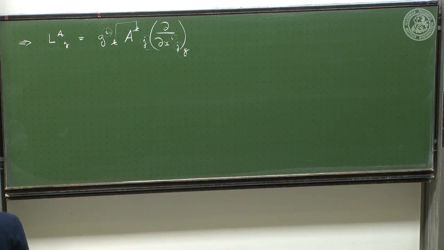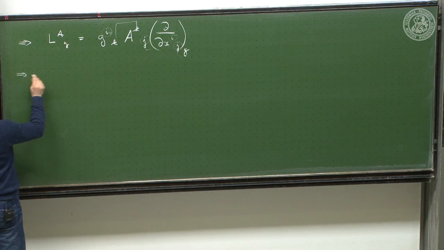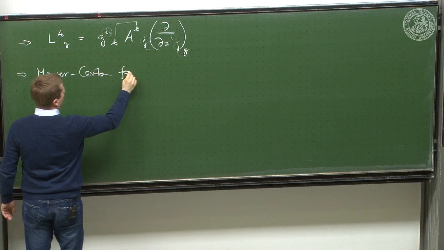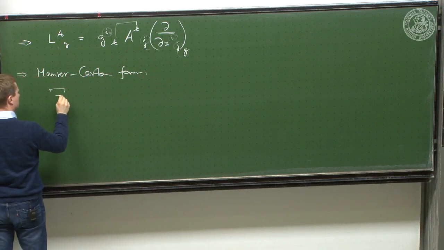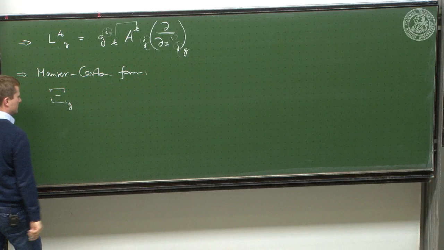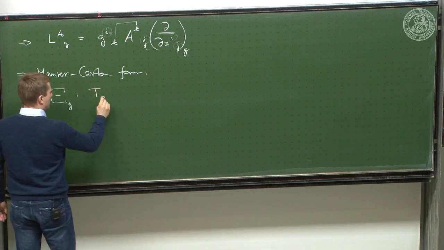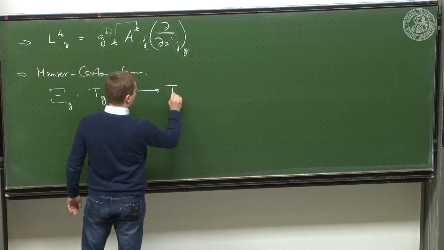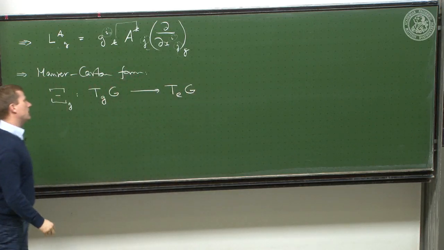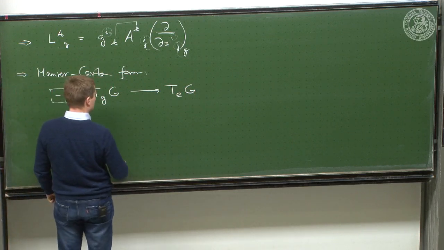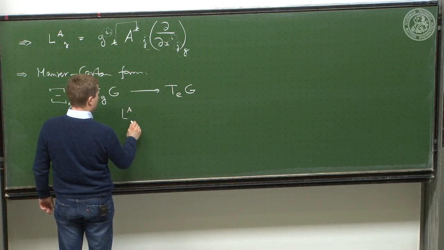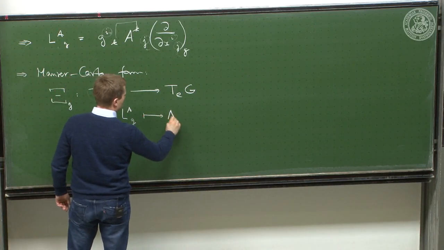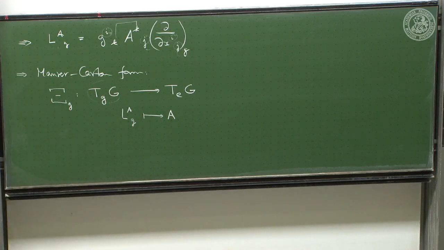Now, the Maurer-Cartan form can now be read off. What was it again? It was this capital Xi at the point G takes a tangent element to the group at G back to the Lie algebra element, so the tangent element at the identity, such that L_A at G, I can always represent an element here as this, is mapped to this A here.